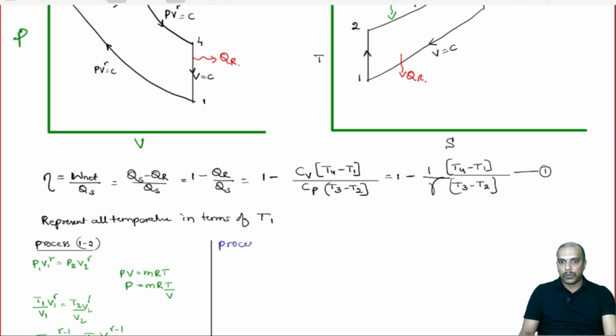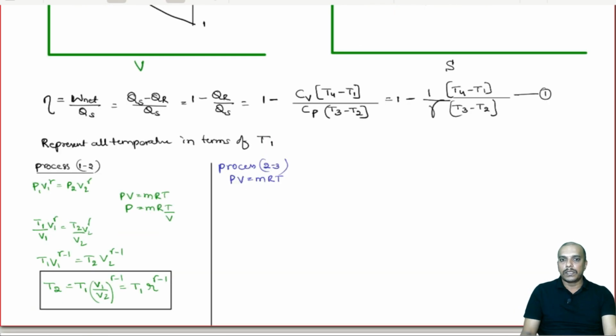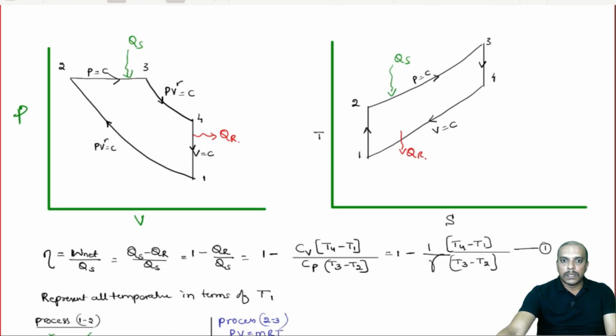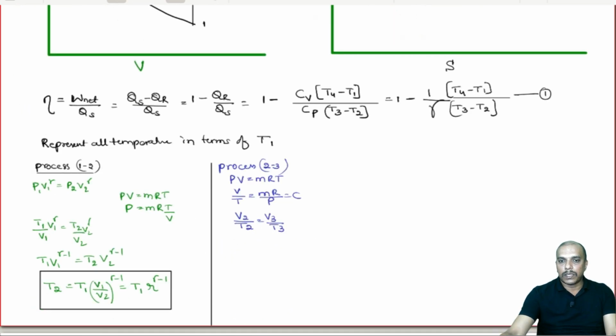What is process 2 to 3? I know that PV is equal to MRT I will use. Process 2 to 3 is a constant pressure process. So, V by T is equal to MR by P, and the whole right side is constant. So, V by T is equal to constant. Now, what is V by T? V2 by T2 is equal to V3 by T3. That is what we mean by V by T is equal to constant during process 2 to 3. So, pressure constant or V by T constant, both are the same.